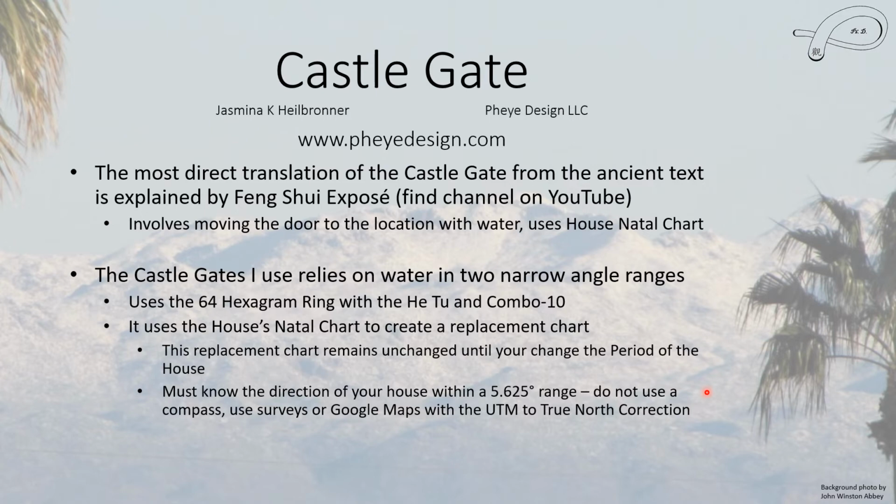And it's better to use either Google Maps or a survey, but you still have to take that UTM to north correction into account because you could be off by over half of this range here, if you happen to be in certain locations. So this is something important.